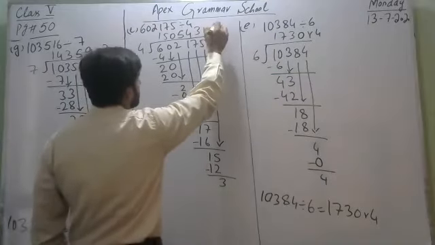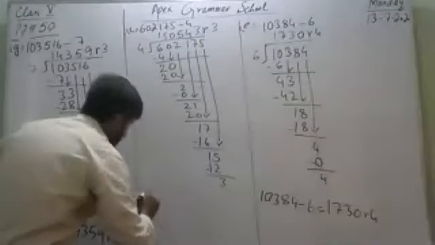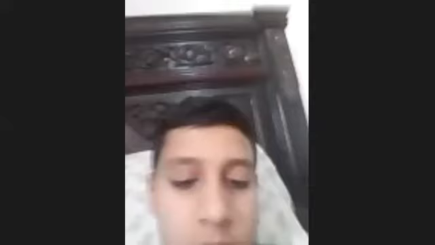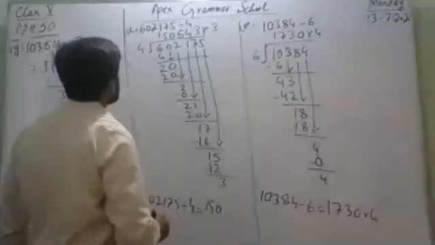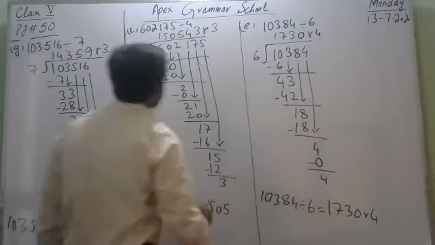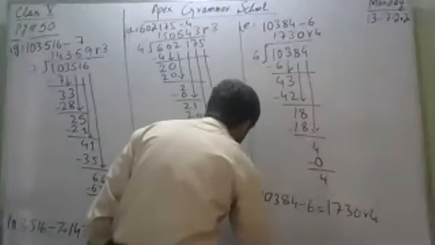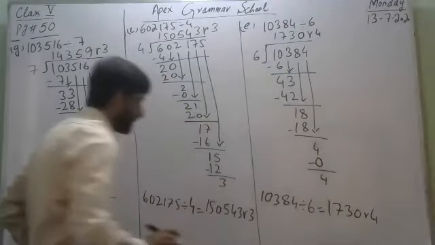Remainder 3. 602175 divided by 4 equals 150543, remainder 3.